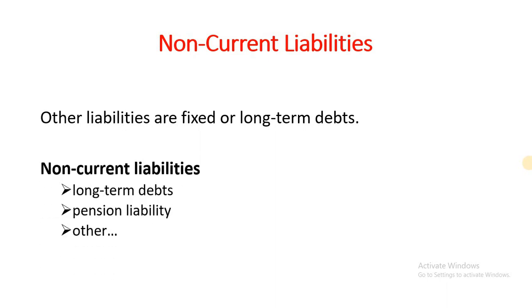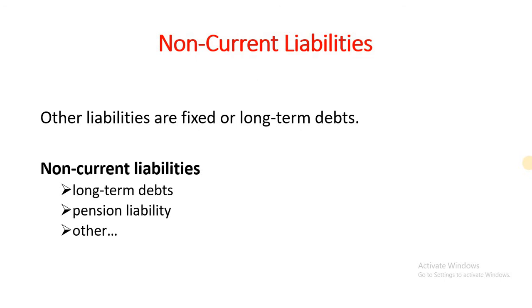Now let's look at the different kinds of non-current liabilities. So I have already told you that long-term debts like bonds or a long-term bank loan, which need to be repaid within 5 years or 10 years, are non-current liabilities.